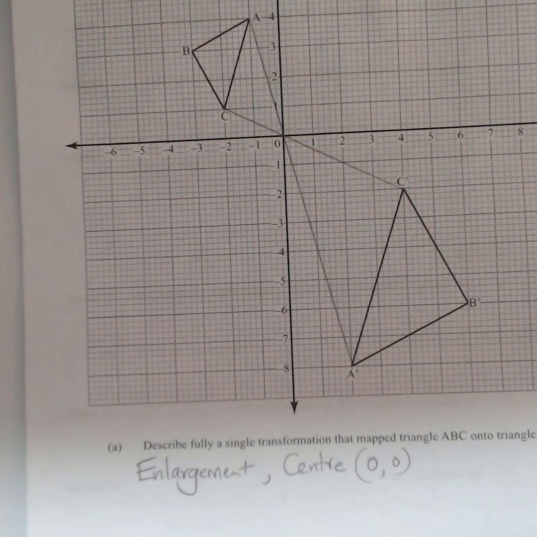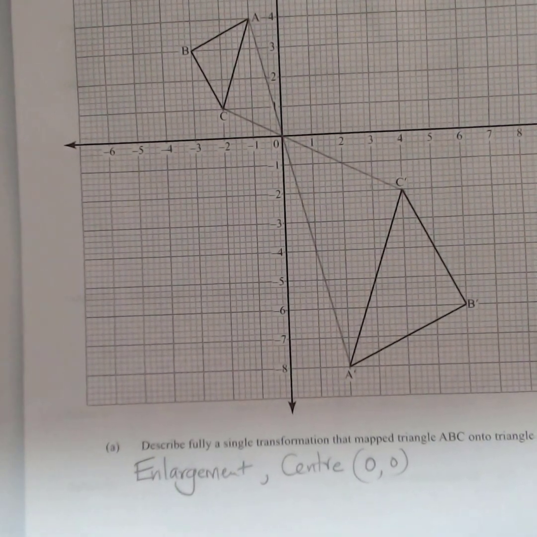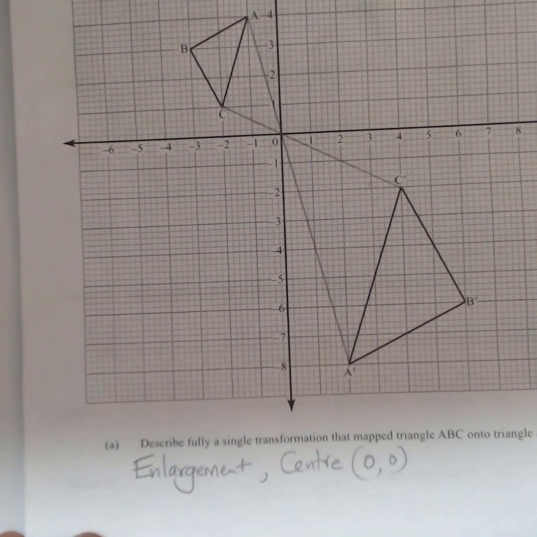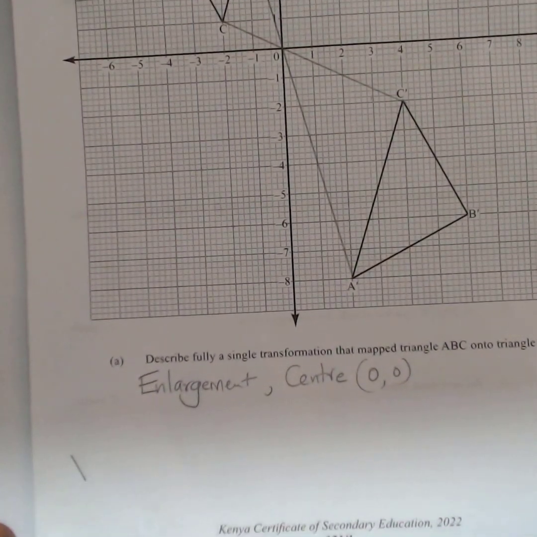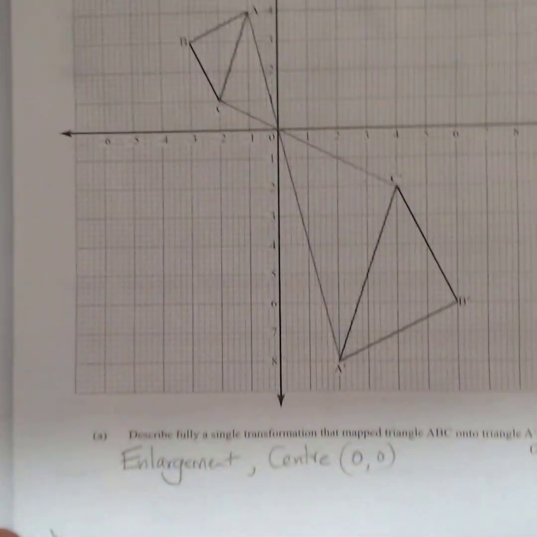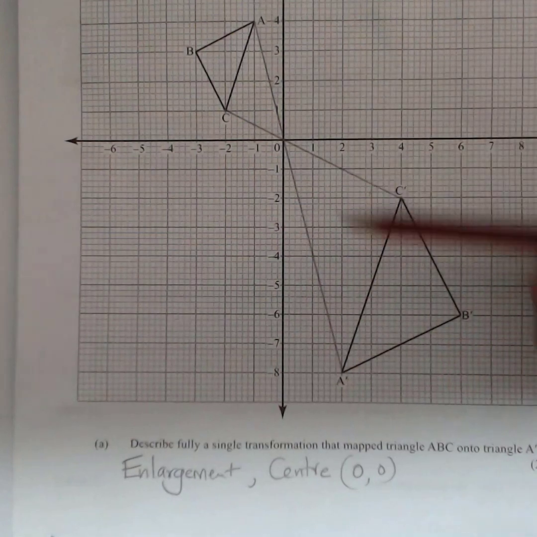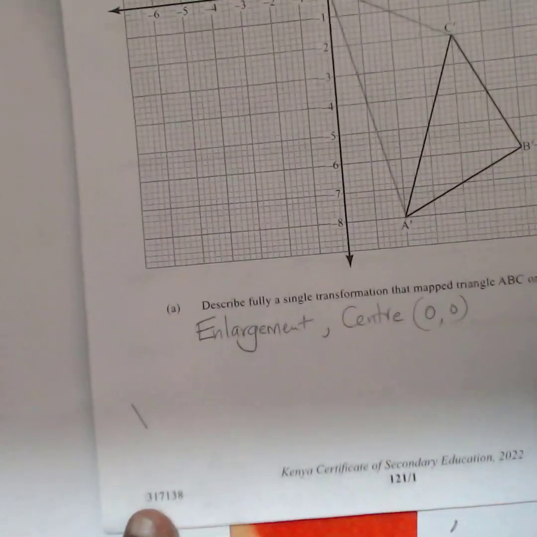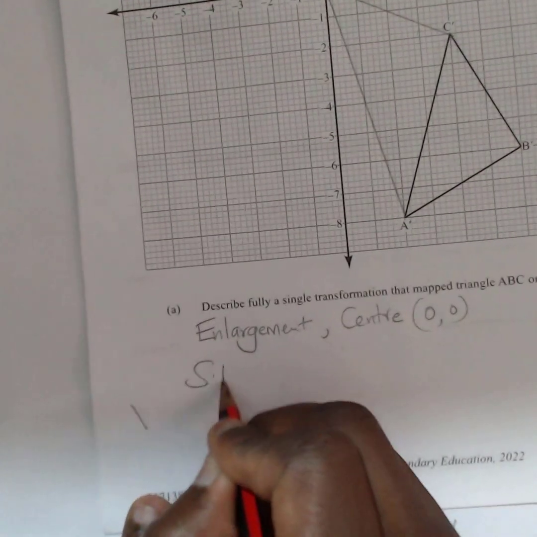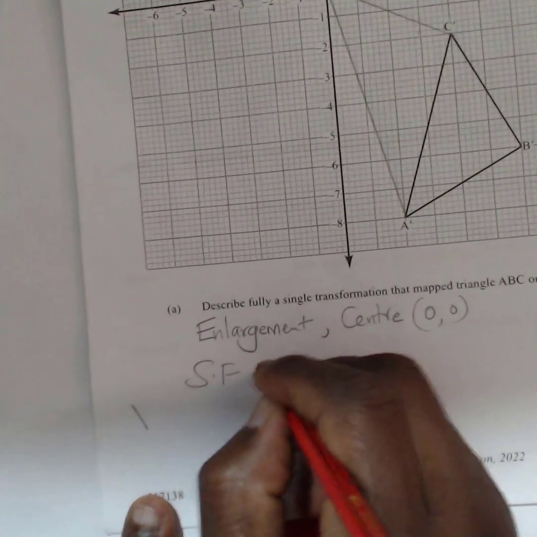How do you get the scale factor of enlargement? Now, there are two ways. To get the scale factor of enlargement, you just need to get one line, let's say A prime C prime.